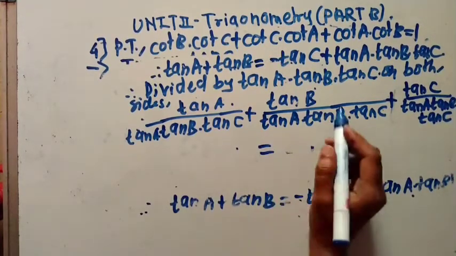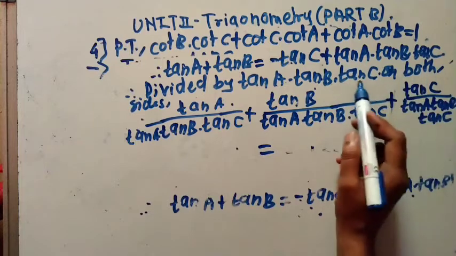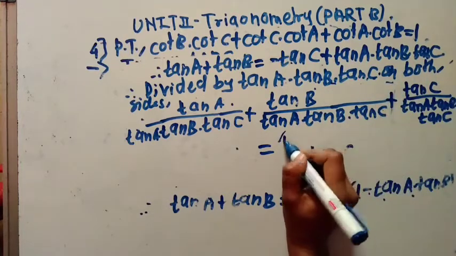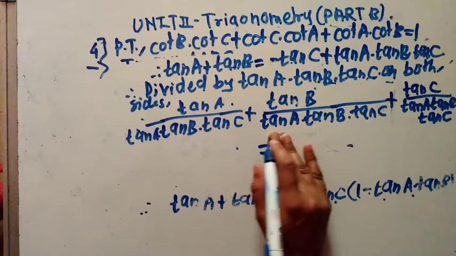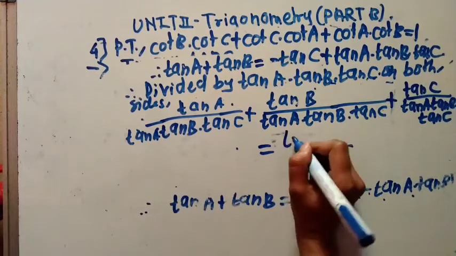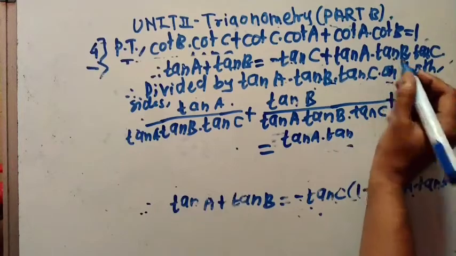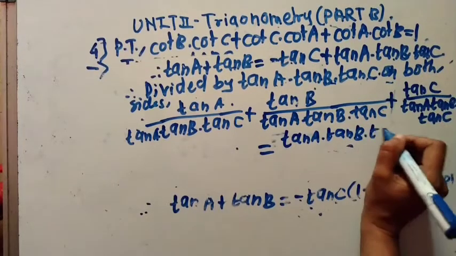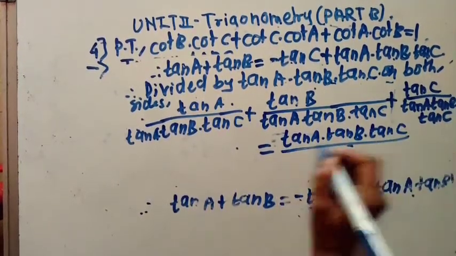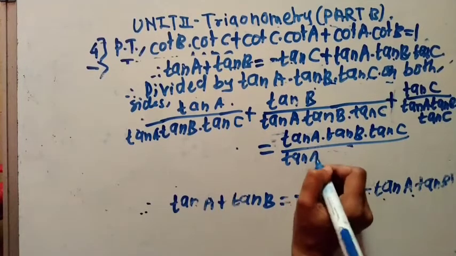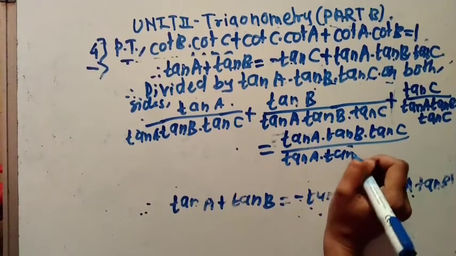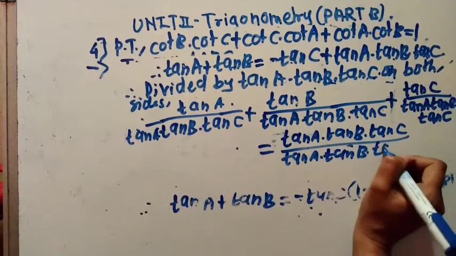And which is equal to this, upon tan a into tan b is equal to 1 into tan b into tan c upon tan a into tan b into tan c.